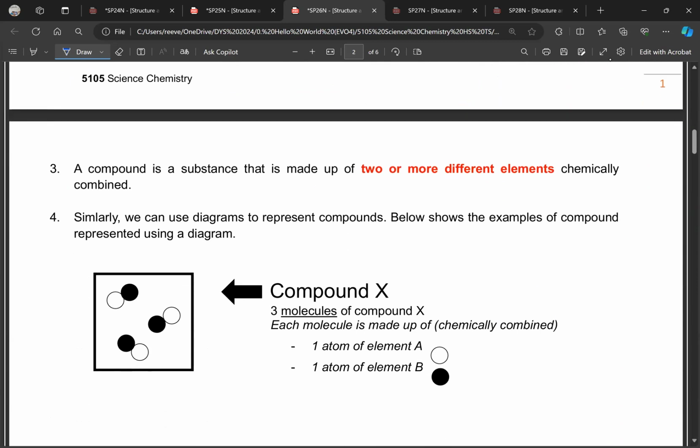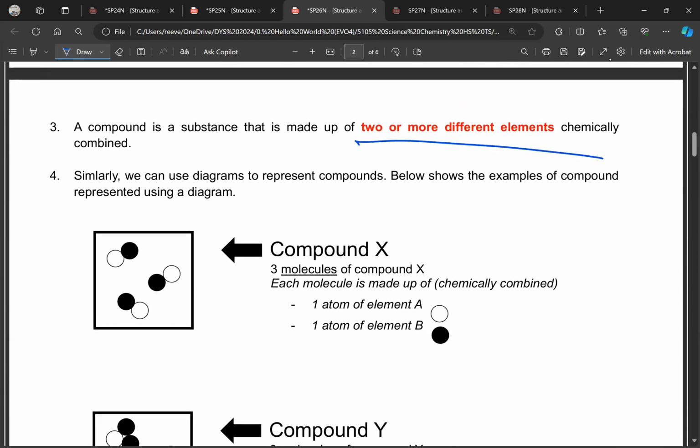Okay, let's move on. Compound. Today we just learned the definition of compound. It must have two or more different elements chemically combined. Do I need to explain? You look at this picture. Do you see them join together? Yeah, you see them join together, right?